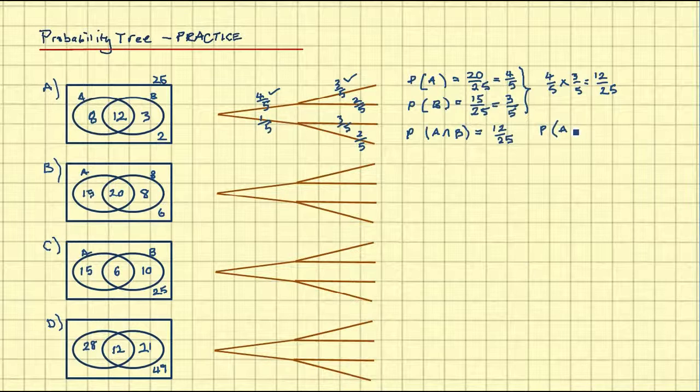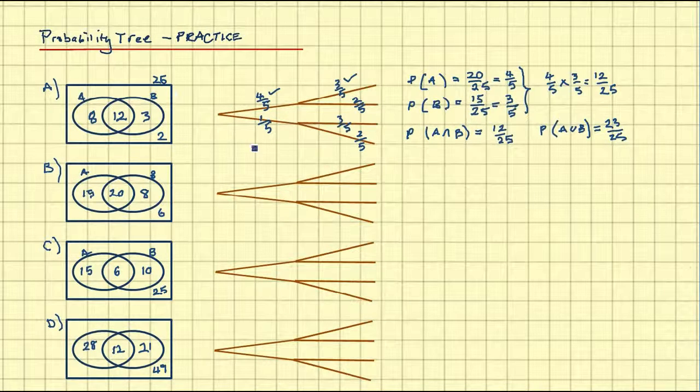Lastly, probability of A union B. What would that be? So it's 8 add 12, that's 20. Add 3 is 23, so that's 23/25. So A or B is 23/25.